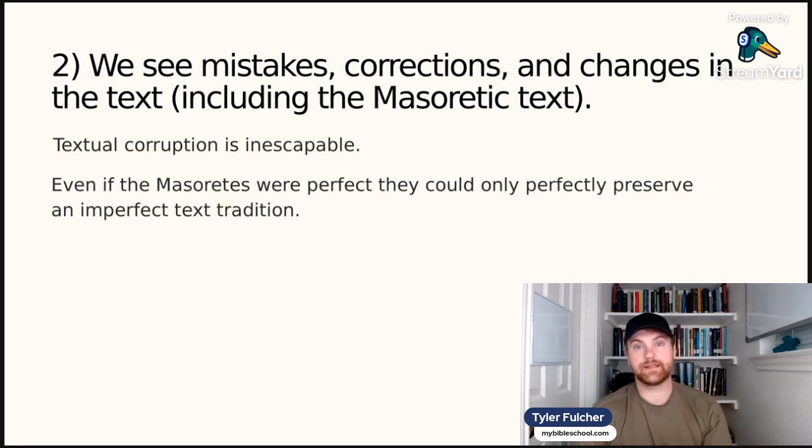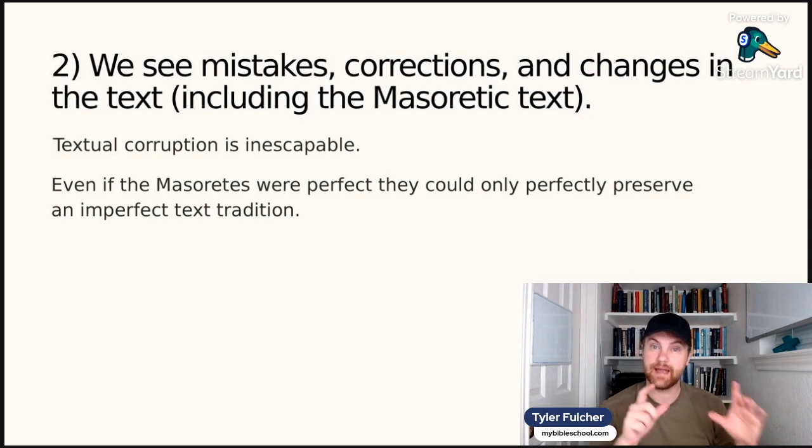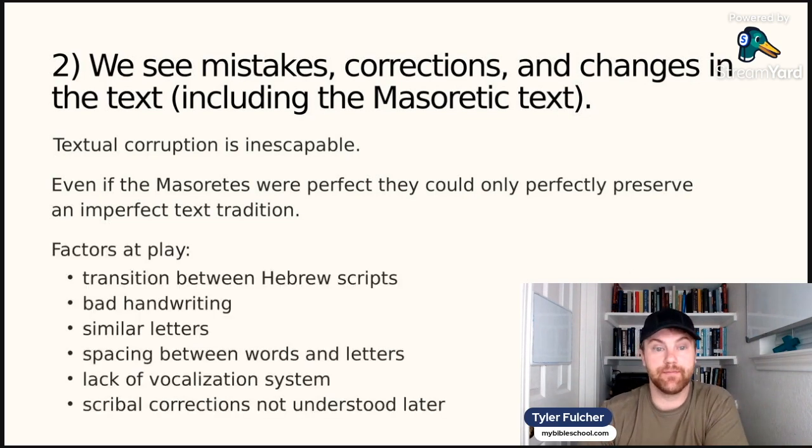Even if the Masoretes, and the Masoretes were scribes who painstakingly translated the Hebrew Bible in the Middle Ages, and they're the ones who are behind what we call the Masoretic text, which is this dominant form of the Hebrew text, even if they were perfect, and we know that they weren't, they could only perfectly preserve an imperfect text tradition. Okay, so the manuscripts that they were working from were in fact themselves imperfect.